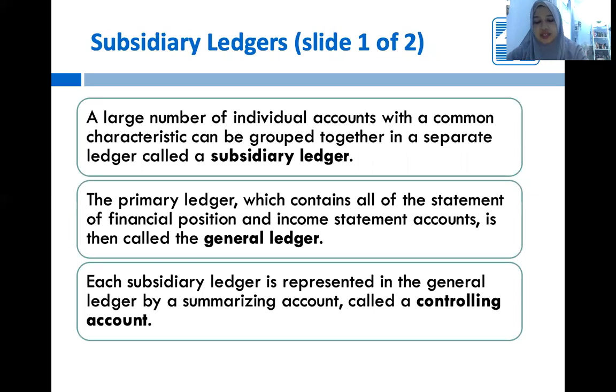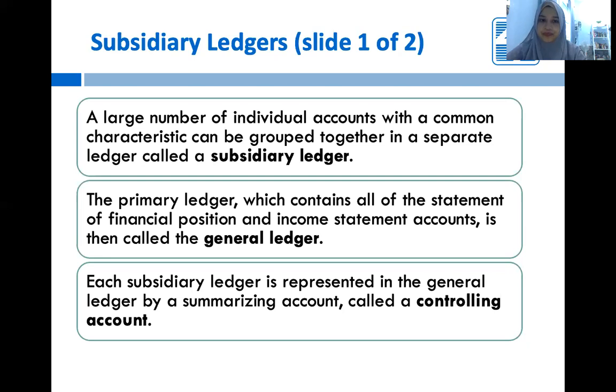For a manual accounting system, we want to simplify recording the transactions. That's why we cannot only depend on the general ledger and the general journal. We need a specific ledger, in this case called a subsidiary ledger, to record the transactions that are repeatedly and continuously performed.